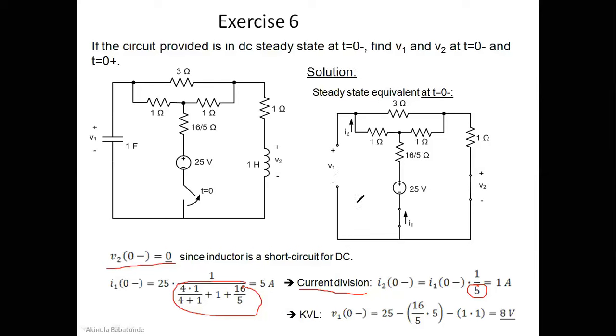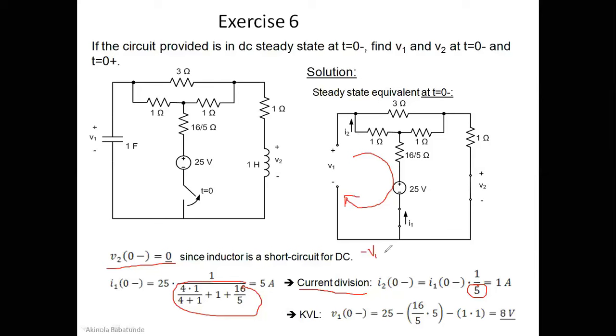We apply KVL using our notation. You will find that we have minus V1. Now the current I2 is going up, and we have our loop current this way. So if we are going this way, this is going to be minus, because we're going against I2.